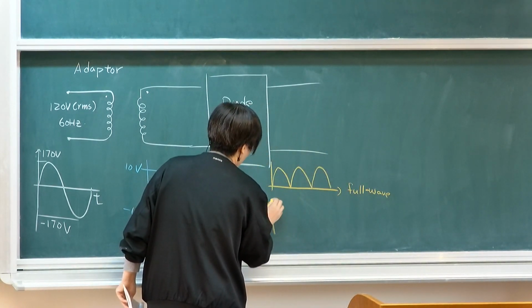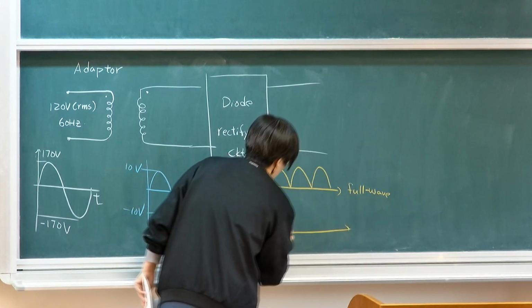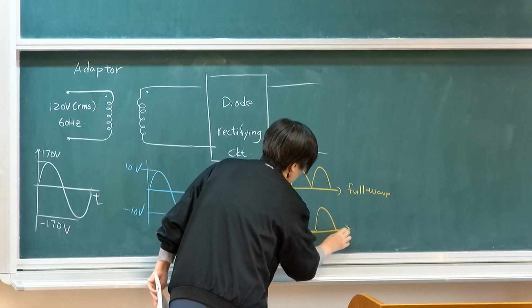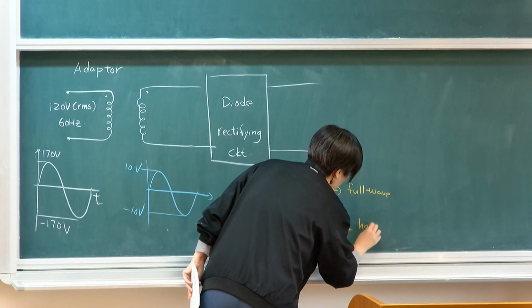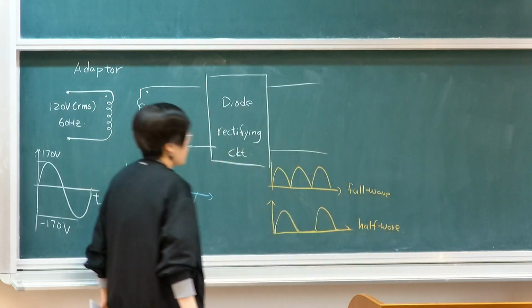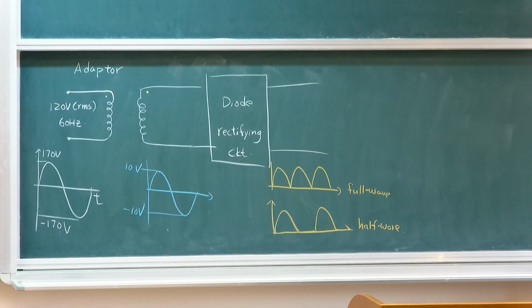It could also be a half wave, where you're only taking the positive half. So this is called a half wave. Either way, the rectifying circuit basically either flips the negative side or blocks the negative side.